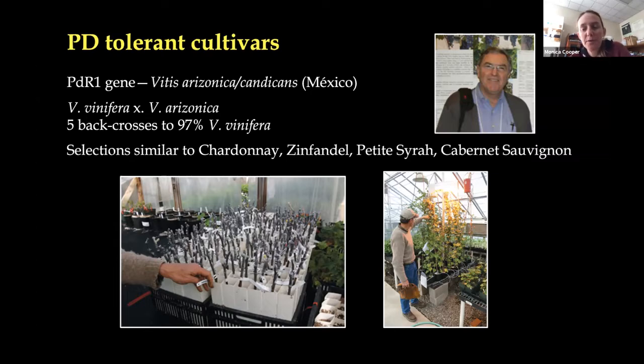So they're pretty popular in the southeastern part of the U.S. where vinifera really can't be grown because of the PD pressure with glassy-winged sharpshooter. And there are people that I know of in the North Coast region who are also planting these vines. It's important to note that they're tolerant, they're not fully resistant. So that means that they will host a very low concentration of Xylella within them. We don't really understand if that would be enough to create problems if insects were picking that up, but in any case, it's a really great option.